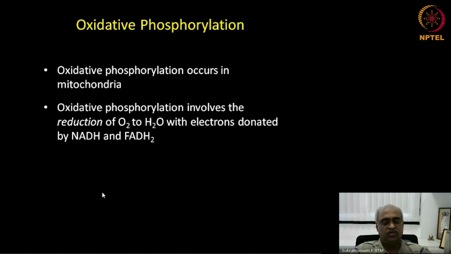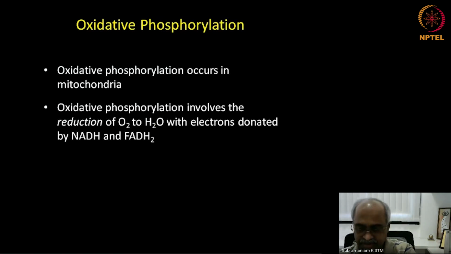The electron flow is in a stepwise manner, and at each step protons get pumped across the mitochondrial inner membrane. Ultimately, the electrons are going to flow through to reduce oxygen to water. So let us get into the discussion on this.